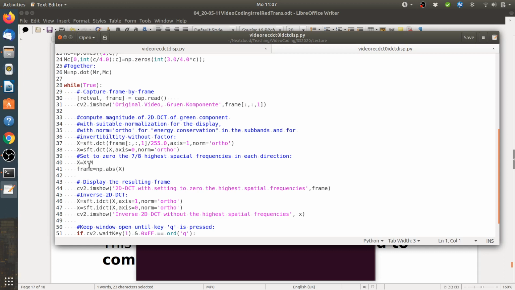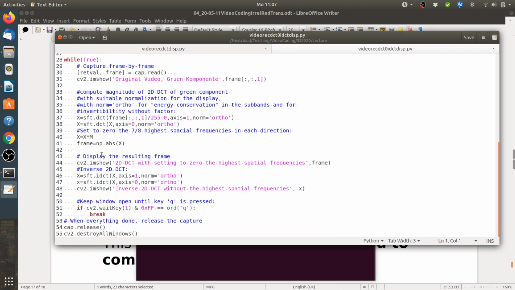Next I'm applying the mask, X times M. Here I'm now computing the magnitude of the resulting frame for display purposes, right, so I give it the name frame. So now with imshow I'm showing the low pass filtered DCT frame, and then I'm applying the inverse DCT to X, which is not the magnitude but the DCT transformed.